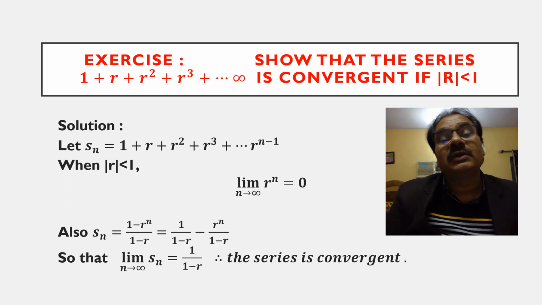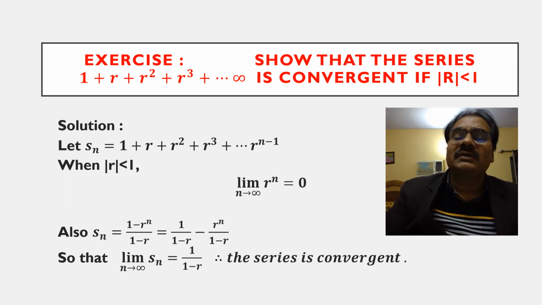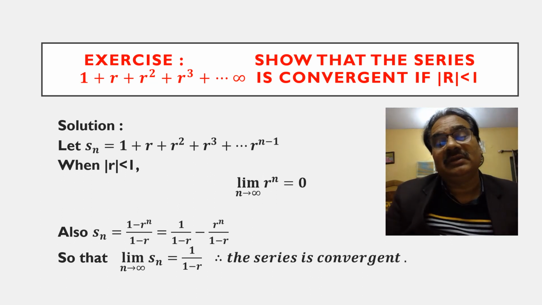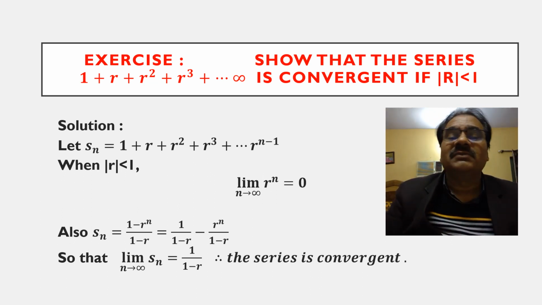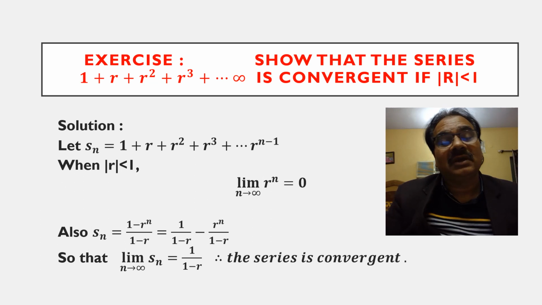Now this is a beautiful example, and all students of mathematics up to the +2 level know this beautiful series. If you understand it carefully and review it once more, then at least one problem is already fixed in this chapter in every university. The series is convergent if the modulus of r is less than 1. So how?